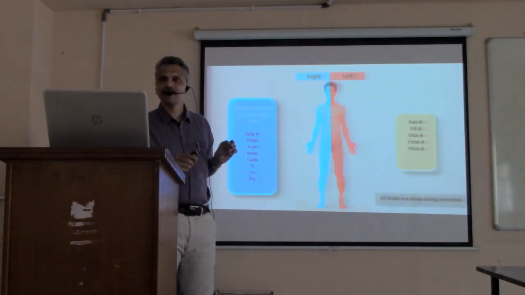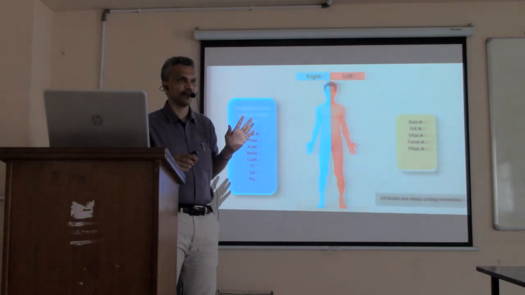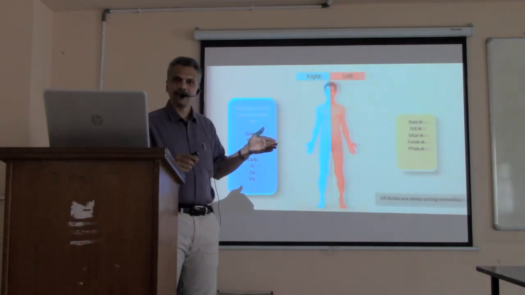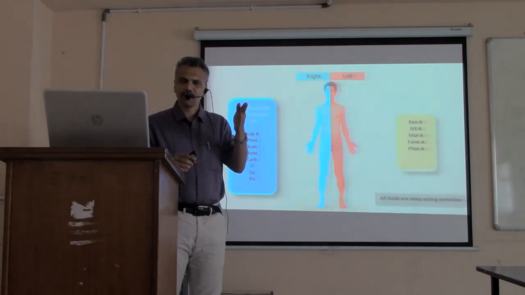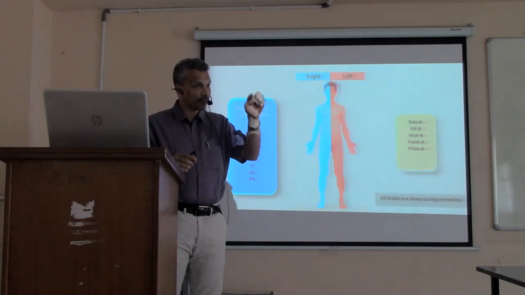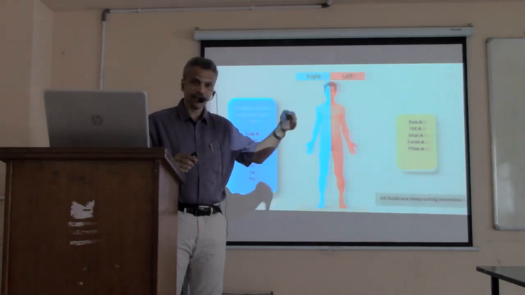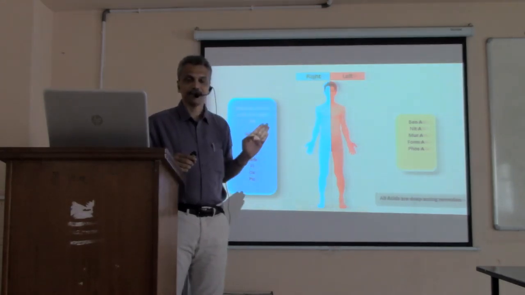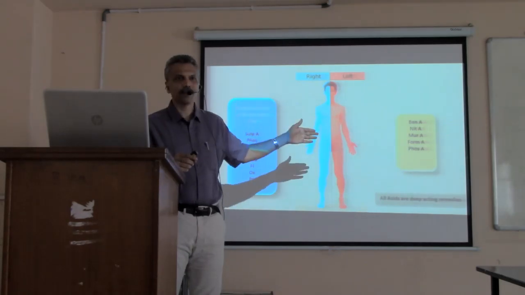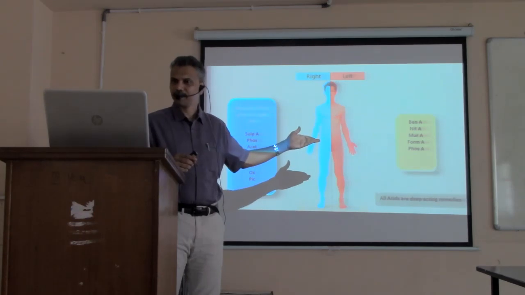Majority of the acids are deep acting remedies. Okay. So when I say deep acting, the action lasts for a longer period and the organ affinity or the pathology that it causes are again very deep. Deep pathologies. I'll tell you what those deep pathologies are after some time.